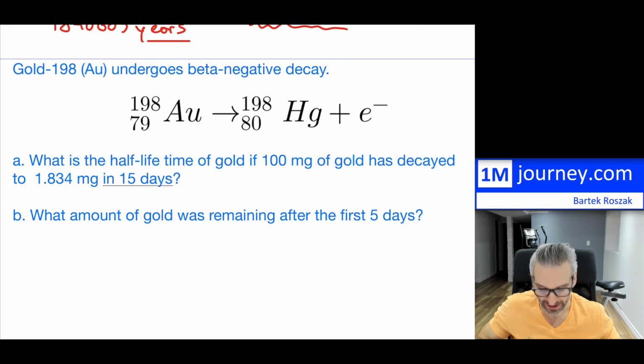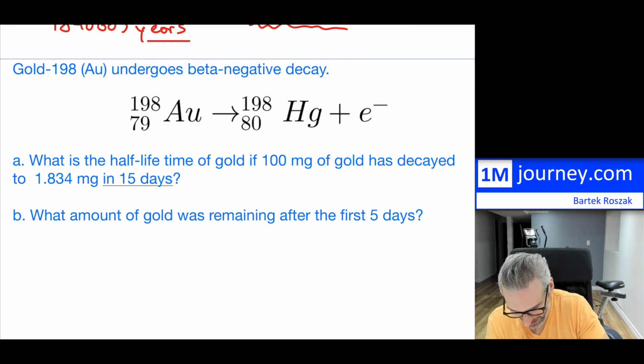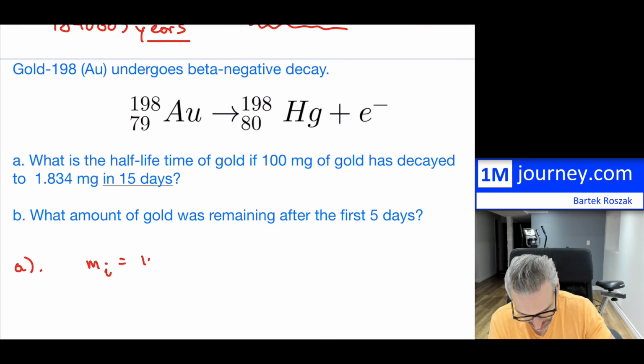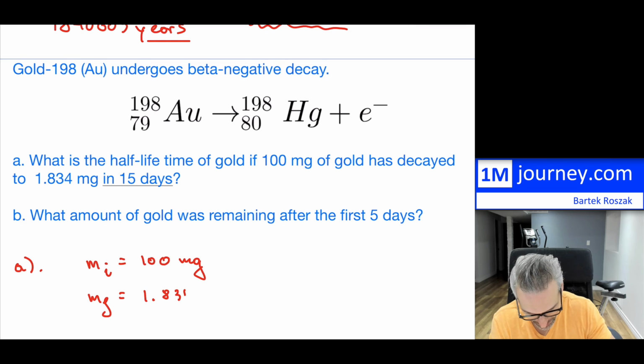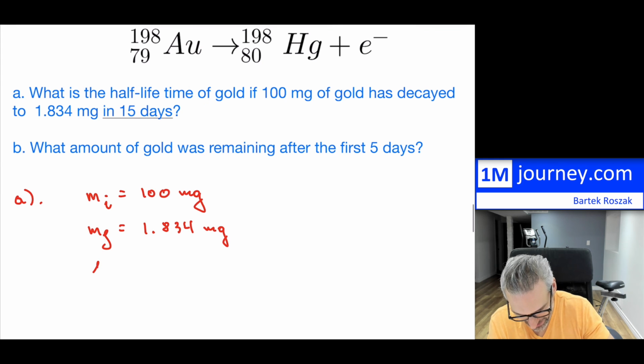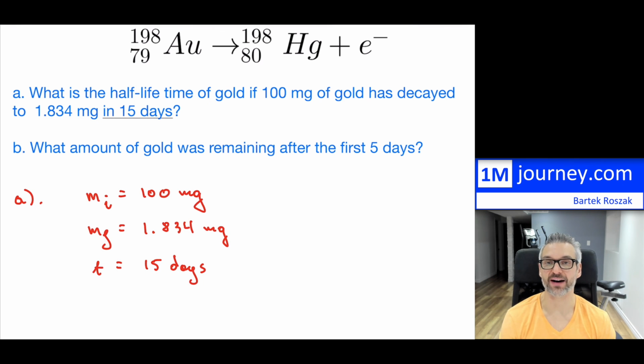Okay, so that's interesting and different than anything that we've seen so far. So what do they give us? They give us the initial mass, which is 100 milligrams. They tell us that this has decayed to 1.834 milligrams. And how long did this take? This took 15 days.